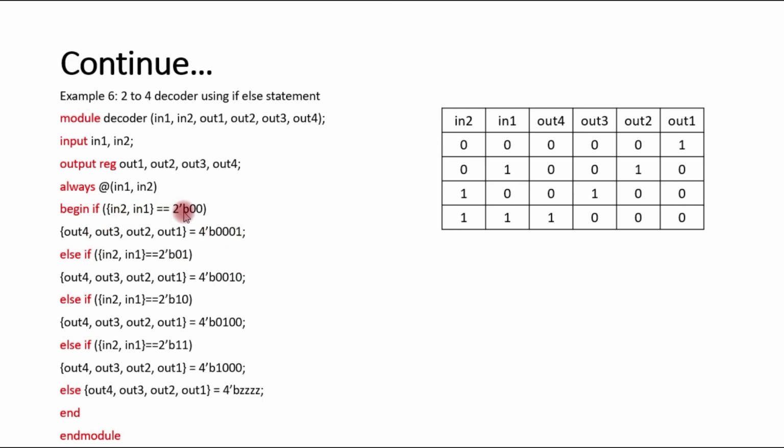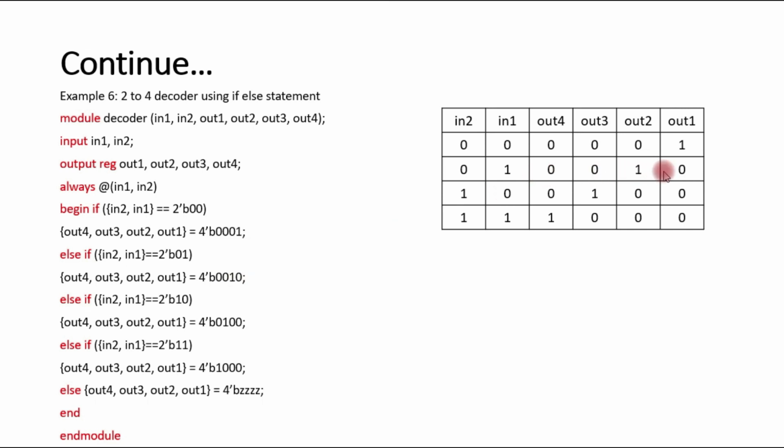If this condition is not true, then move to the next expression, and here we are using else if concatenation operation equal to 0 1. In case of 0 1, out2 will be at logic 1 while others are at logic 0. So concatenation operation of out4, out3, out2 and out1 will be 0 0 1 0.